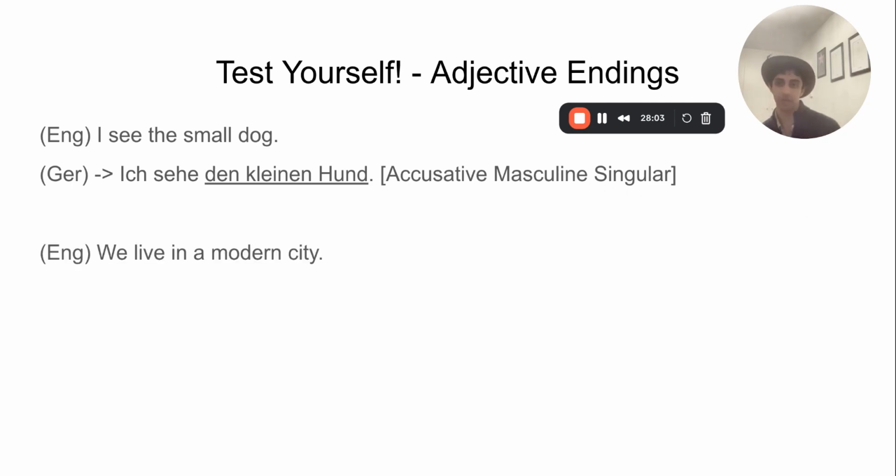Okay, second example then. Here, the English is, we live in a modern city. Try and think of the German translation. Some words like modern are essentially the same in its masculine singular nominative form in German.